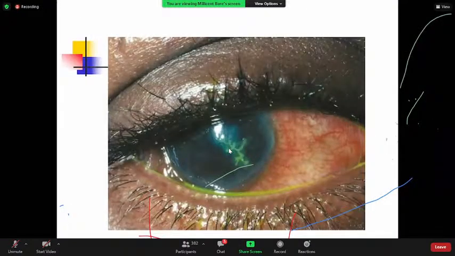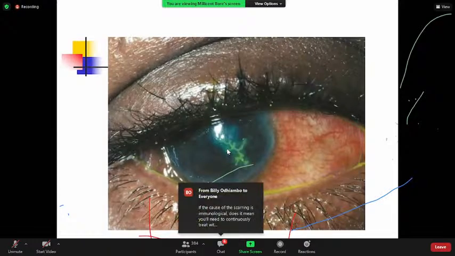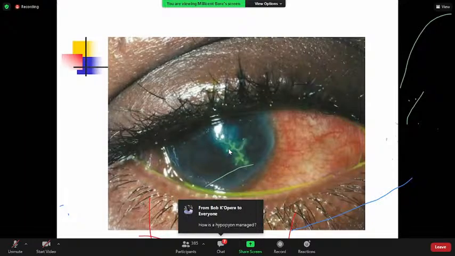When you look at someone who has herpes simplex, the dendrite will come, then it becomes round at the terminal bud. But if it's zoster, it has tapered edges.